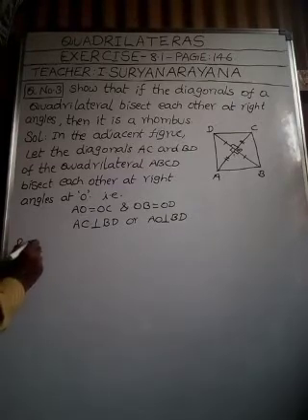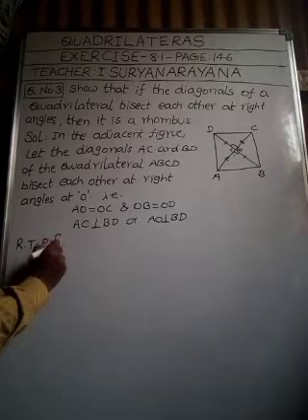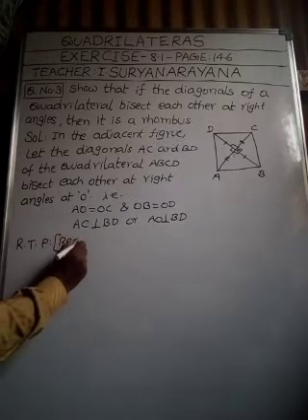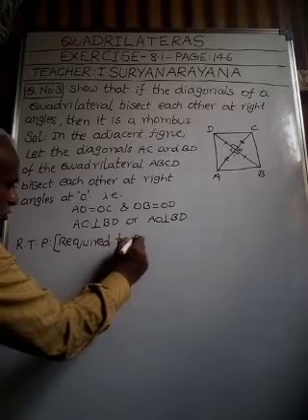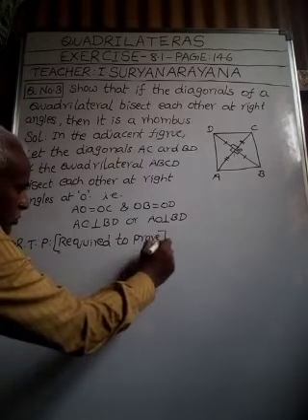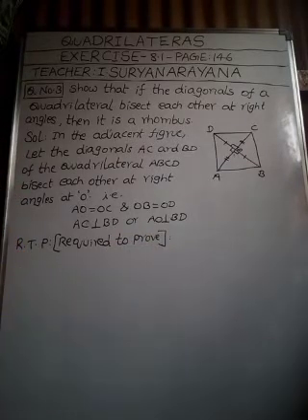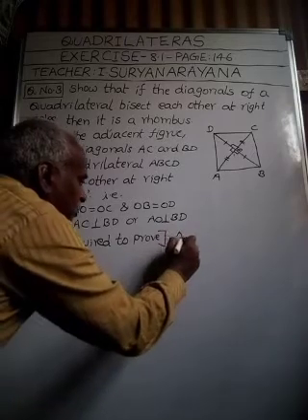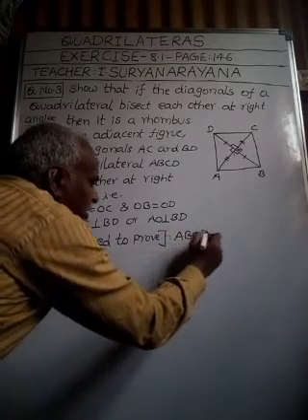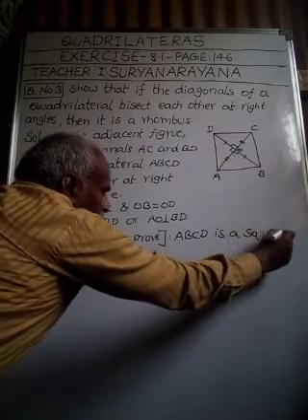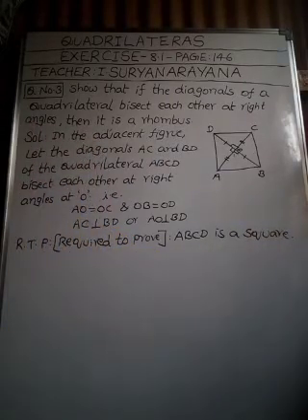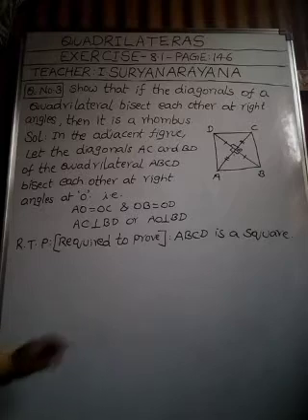Required to prove. What is to be proved here? ABCD is a rhombus. Okay, my children.